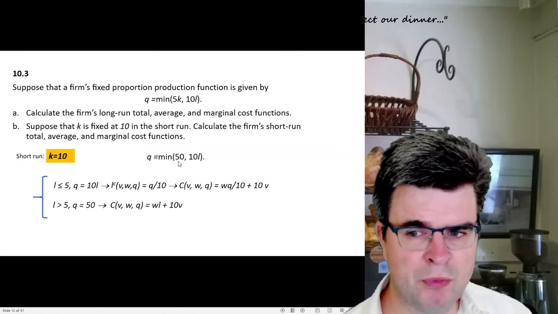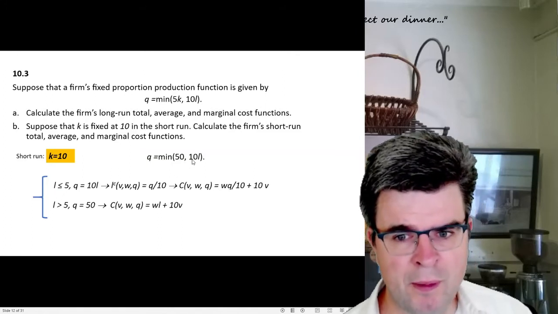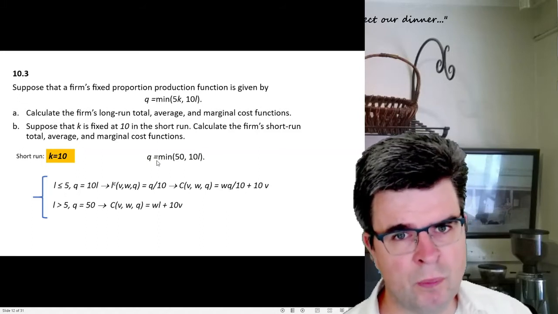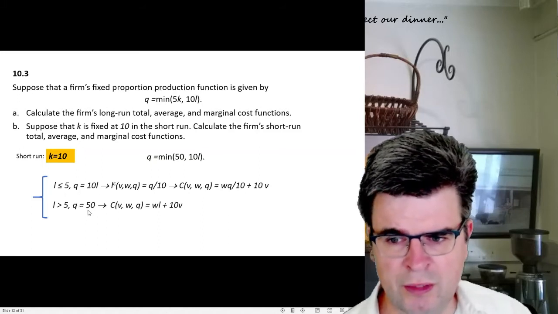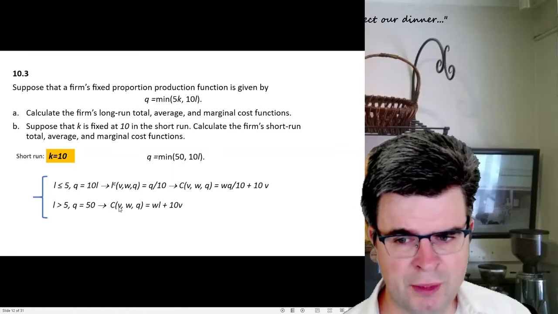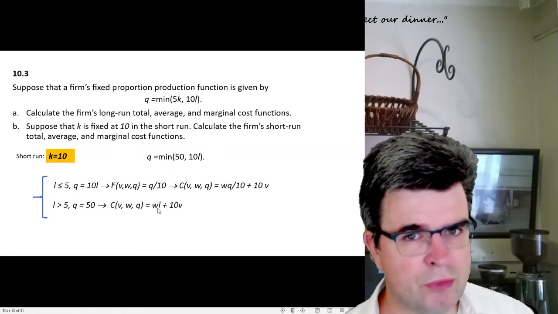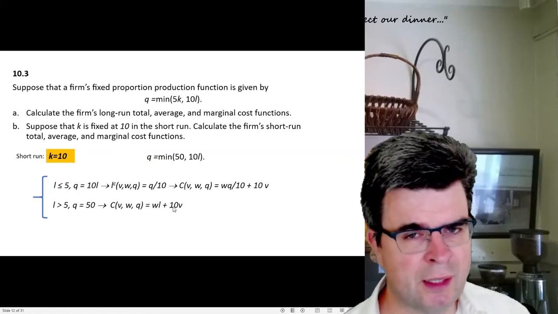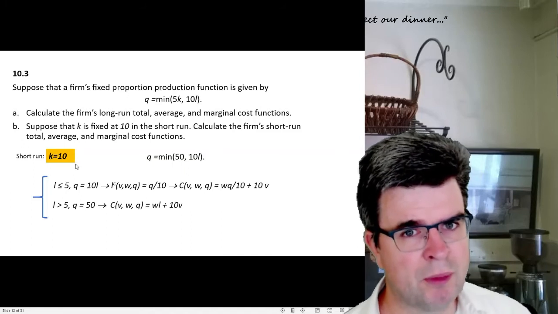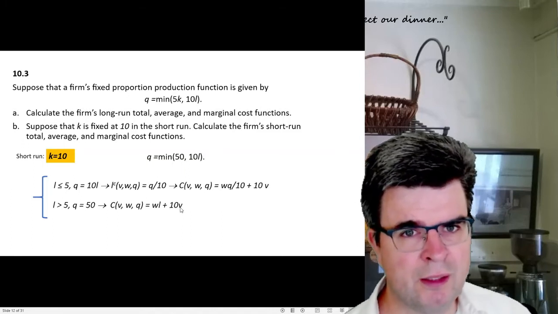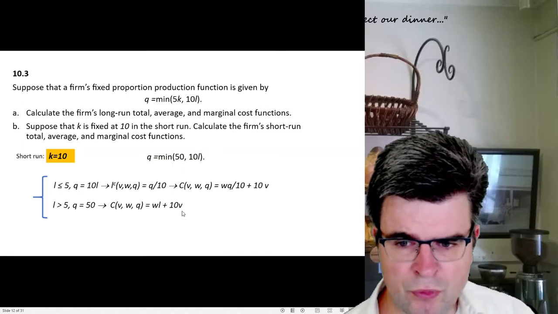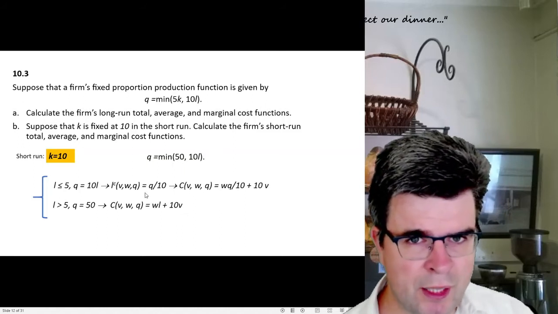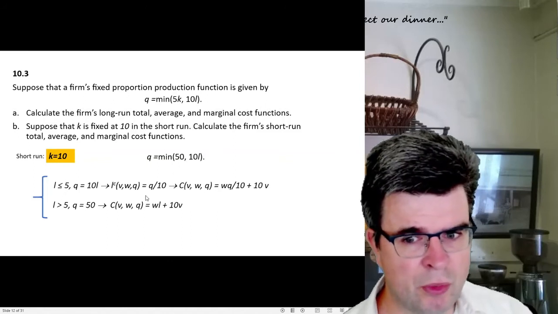Then the bottleneck will be formed by our 10 units of capital, because whatever our value of L, the total output will be equal to 50. So in that case, our cost function will be equal to whatever number of units of labor we have in place times the wage rate, plus 10 times, because our capital is still fixed at 10, the cost of capital V.